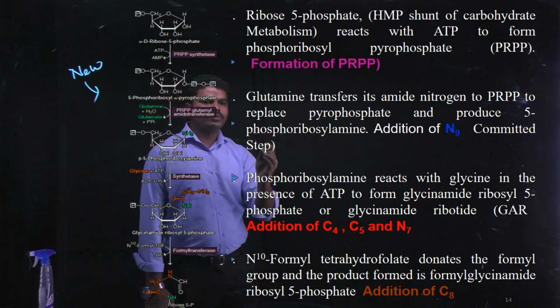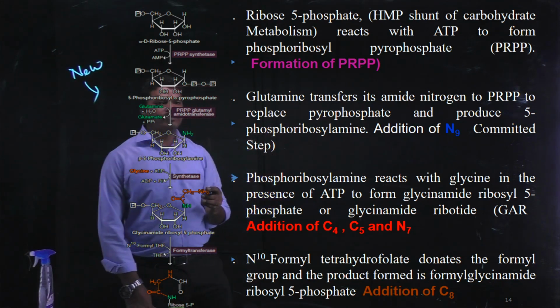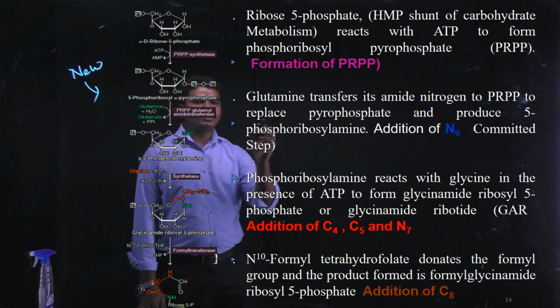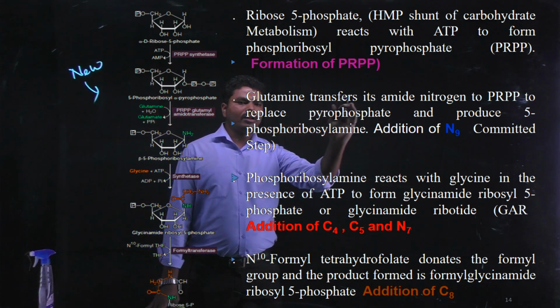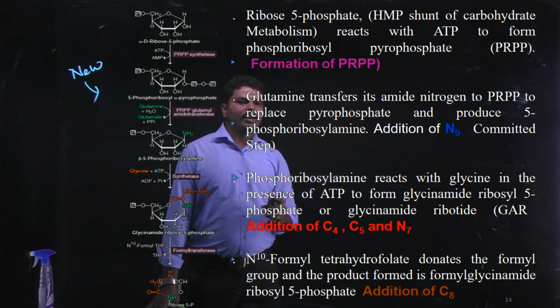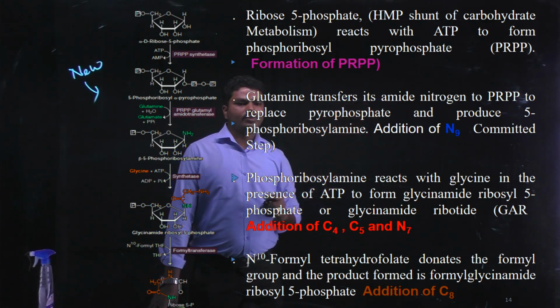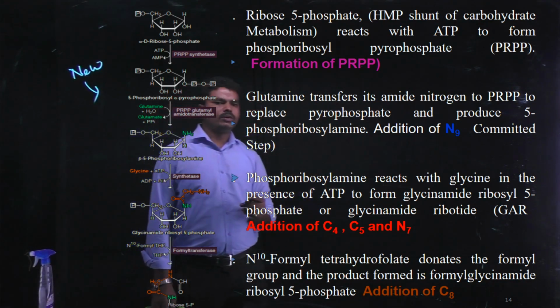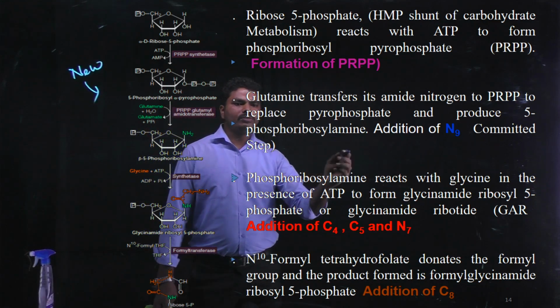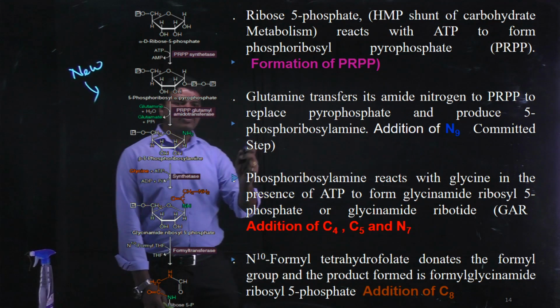Glutamine transferase, this is the enzyme. What does it do? It can add amide nitrogen to the phosphoribosyl pyrophosphate to replace the pyrophosphate group. Thereby it can produce the 5-phosphoribosyl amine.